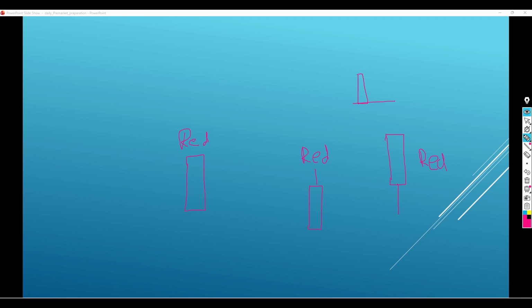Here yesterday's candle is like this. It overlapped with the yesterday candle, or gap down.